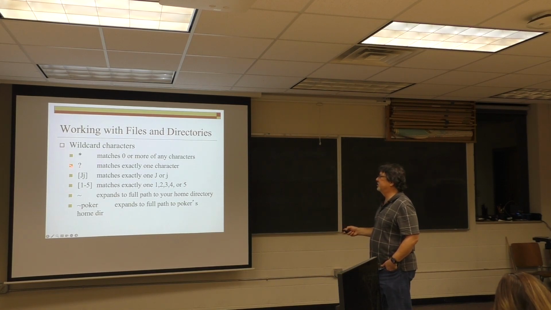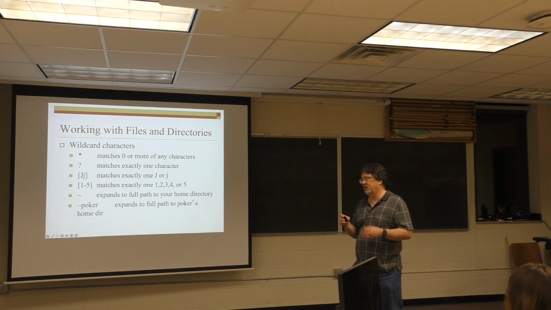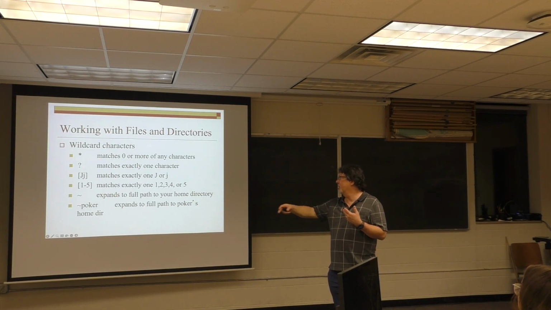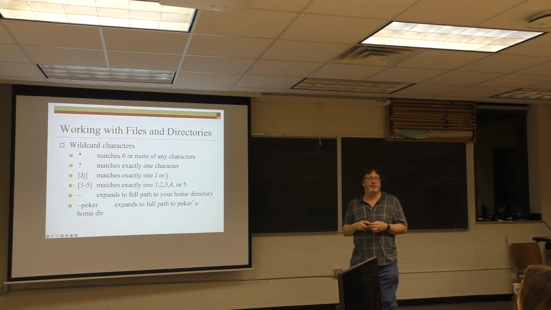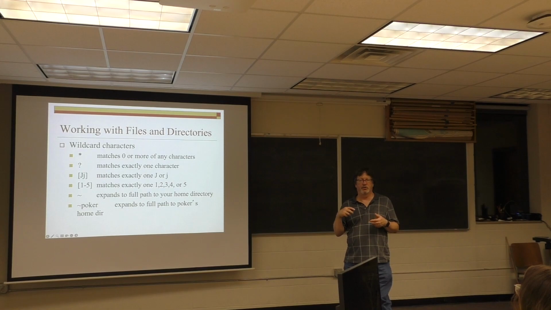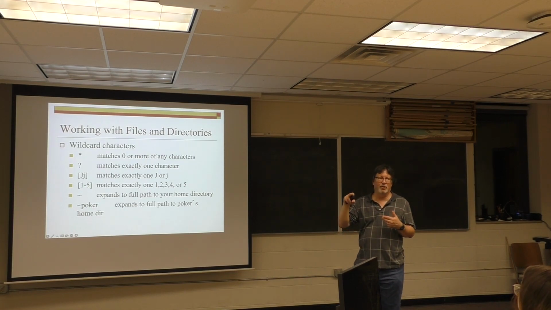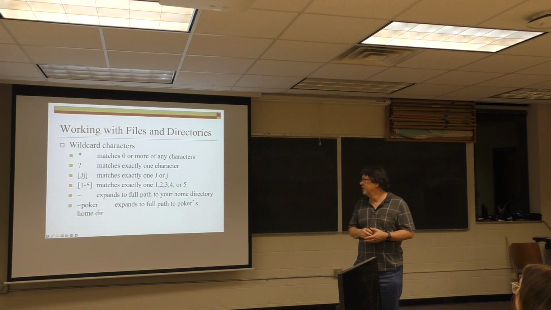A question mark matches exactly 1 character, so instead of matching 0 or more characters, it matches only 1 character. So if I did ls L question mark, it would show LA, LB, LC, L1, L5, and so on. But it would not show a three character file name like LUA; you'd need 2 question marks after it to see those.